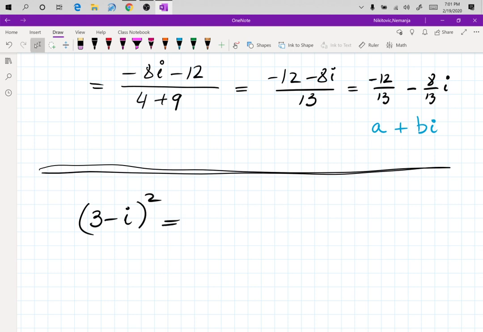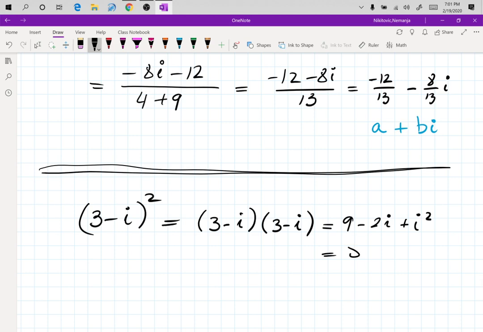Multiply it by itself. So it's still a multiplication FOIL problem, right? So nothing special. 9 minus 2i plus i squared, for a total of 8 minus 2i. I hope. Is it?